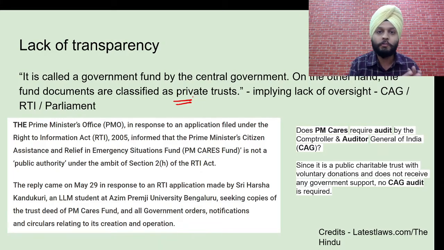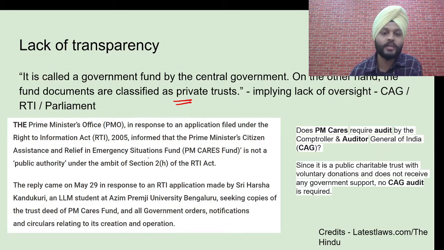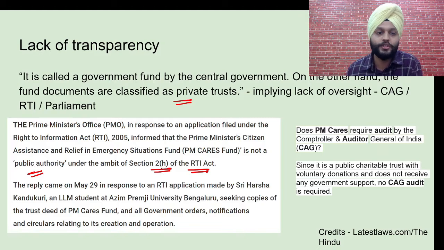So many Supreme Court rulings say that in such cases, the institution may be deemed a public institution. However, when somebody filed an RTI with respect to the PM Cares Fund, it was denied, citing that the PM Cares Fund is not a public authority under the ambit of Section 2(h) of the RTI Act. Section 2(h) basically defines which institutions are under the RTI obligation.